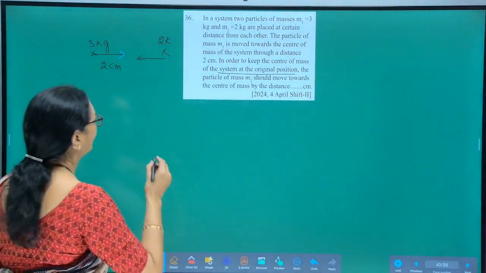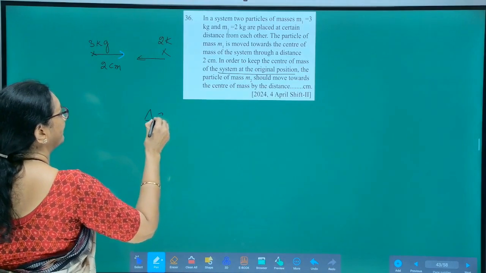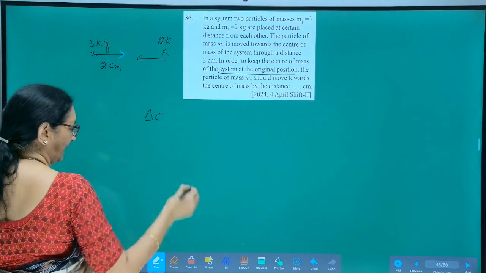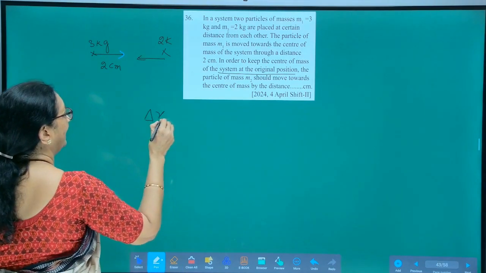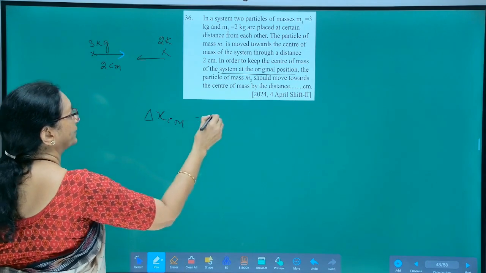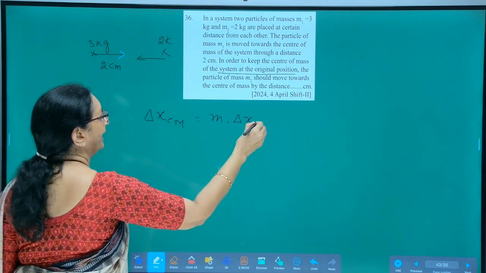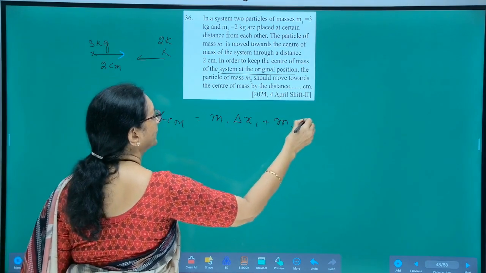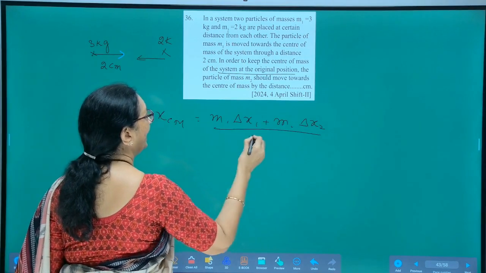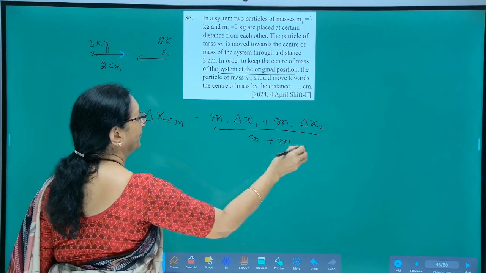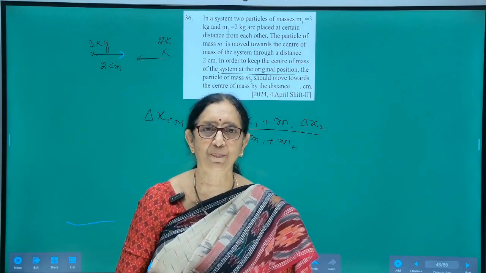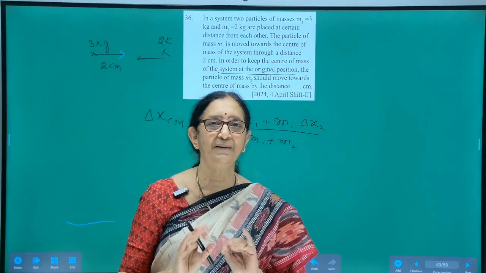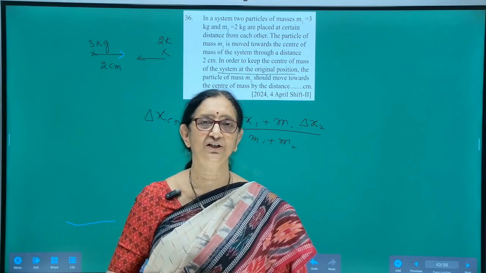So, here the formula for shift in center of mass is delta x cm is equal to m1 delta x1 plus m2 delta x2 by m1 plus m2. Here, even after the displacement of the two particles, the center of mass remains at its original position.